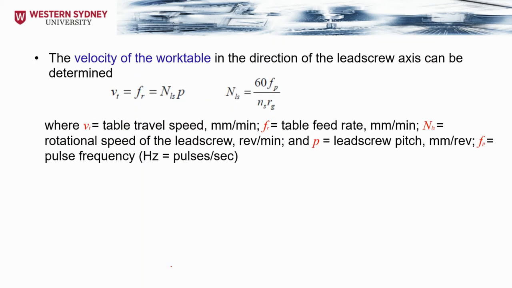Now the velocity of the work table, or the feed rate in the direction of the lead screw axis, can be determined as follows. The feed rate is equal to the RPM of the lead screw multiplied by the pitch value. The RPM of the lead screw is equal to 60 multiplied by the frequency divided by the number of steps multiplied by Rg.